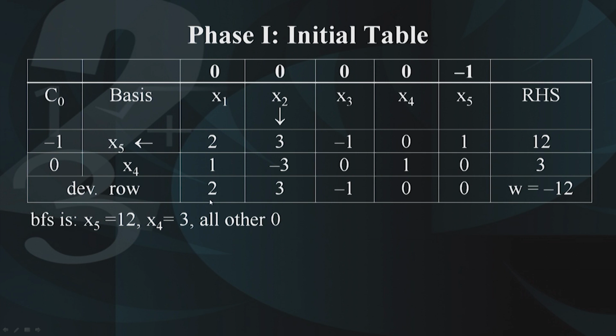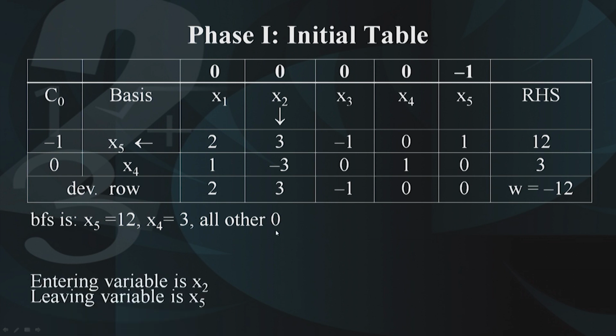So, we need to decide which variable should enter the basis, and for this we look at the entries in the deviation rows, and we find that 3 is the maximum value. Therefore, the variable x2 should enter into the basis.